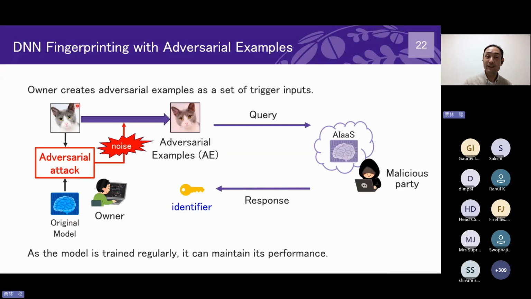So this is the original image, and this can be regarded as a watermarked image. But in this case, the embedded information is not a watermark, but the adversarial noise. But there is a certain level of analogy between watermarking and fingerprinting.